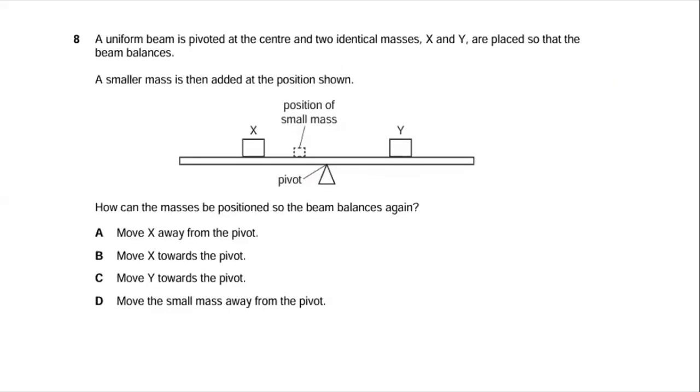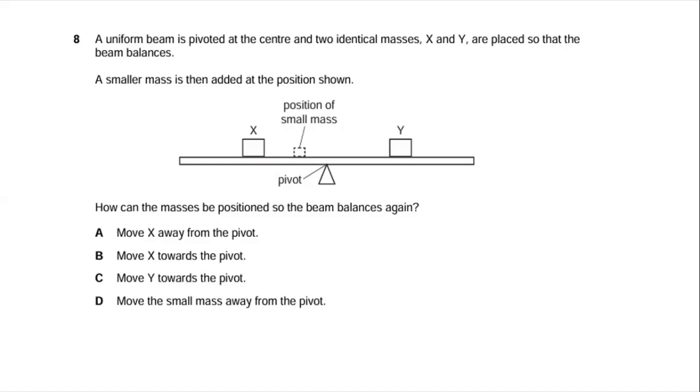Question number 8. A uniform beam is pivoted at the center and two identical masses X and Y are placed so that the beam balances. A smaller mass is then added at the position shown. How can the masses be positioned so the beam balances? We can see the position of the small mass, which is to the left of the pivot.